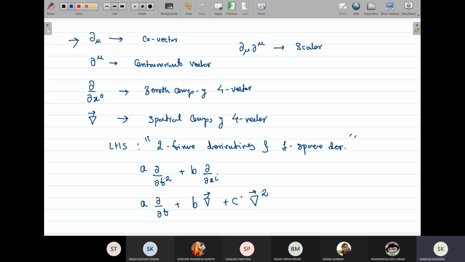Lorentz invariant, I am saying. That means if I go to another frame, this term will remain as it is. Is there any chance?